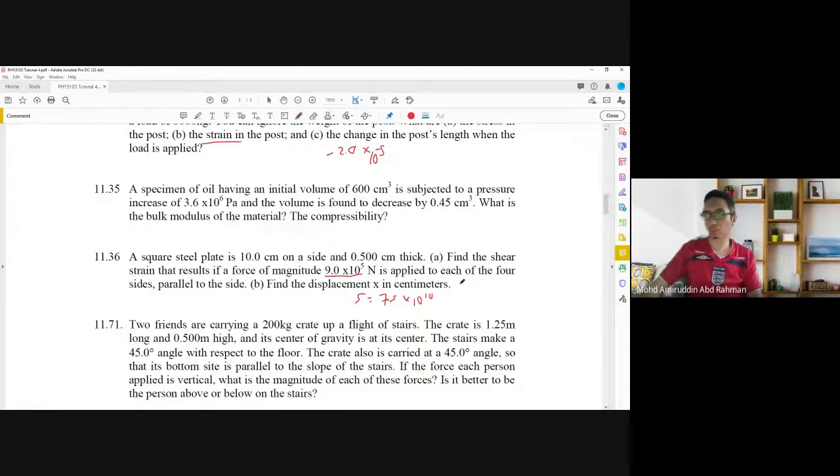So that's your shear strain. And then find the displacement. For the displacement, you need to multiply the shear strain you obtained here with H, so the H is this one.